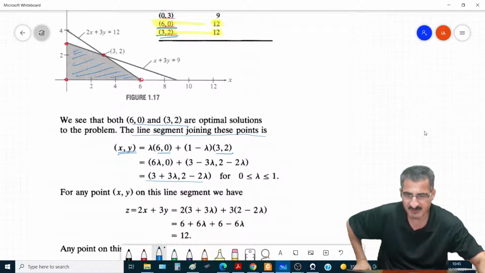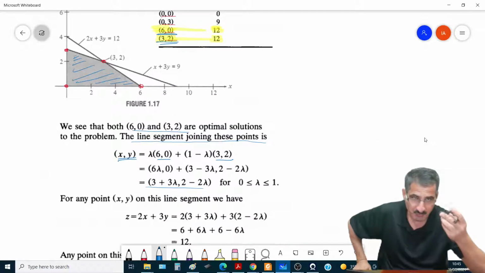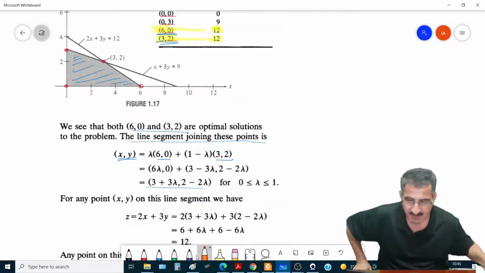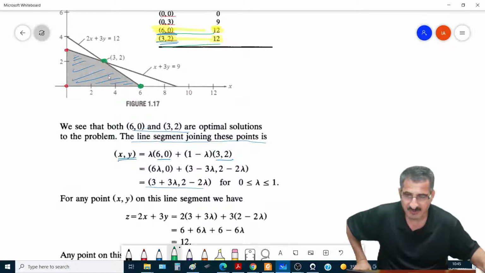It means it's not only 2 optimal solutions, but there are infinitely many optimal solutions. You see here, the optimal solutions are this one we found here from the table, and this one. Now the objective function has taken a value of 12. Now we are showing here that any point on the line joining these 2 points is also an optimal solution.